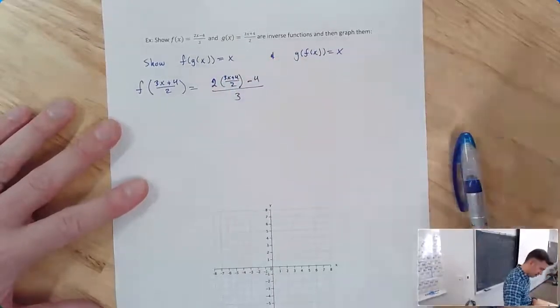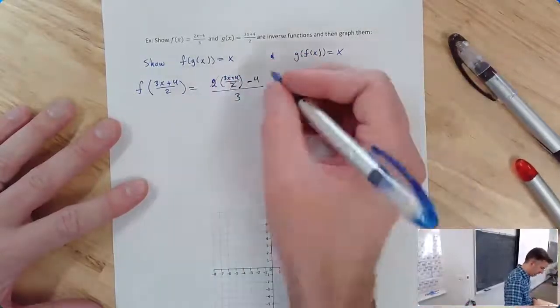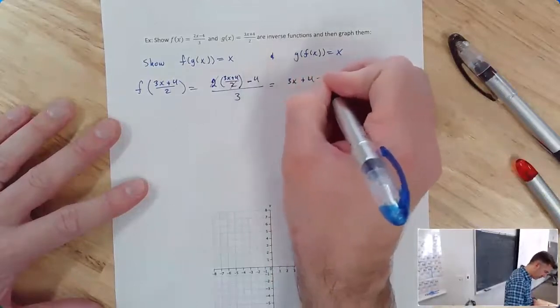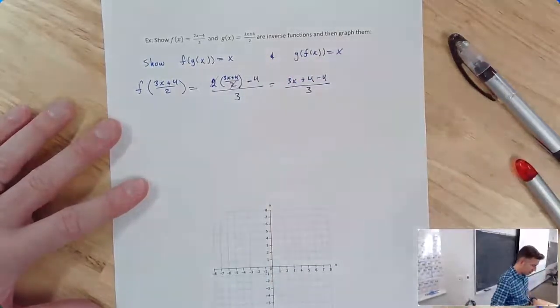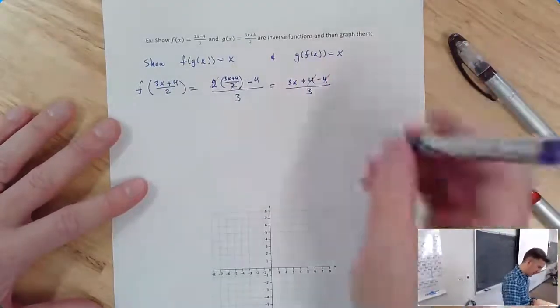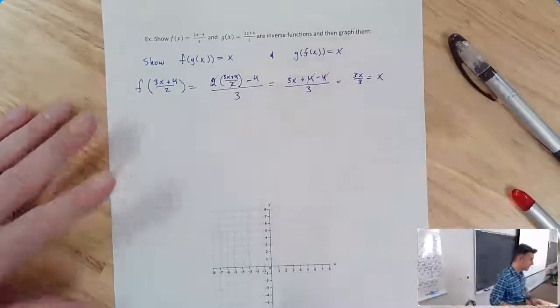The 2's cancel. 2 divided by 2 is 1. And then I think it's worth rewriting. This is (3x plus 4 minus 4) over 3. The 4's cancel. 4 minus 4 is 0. And then finally we have 3x over 3, which is just equal to x.